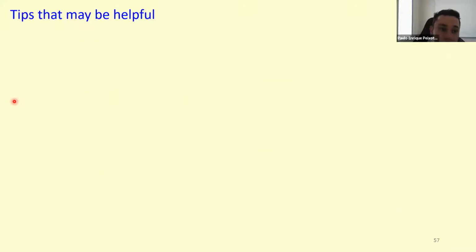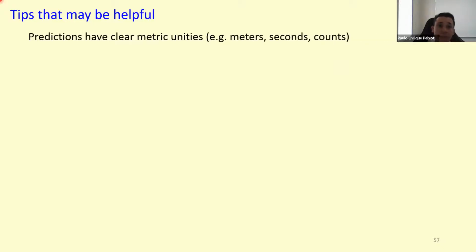And the second tip is regarding the predictions. Remember that predictions have clear metric units. It could be meters, it could be seconds, counts, individuals, okay? But by making a prediction, you should be able to identify what is the smallest unit that you should count or measure in some way. And whenever possible, you do.